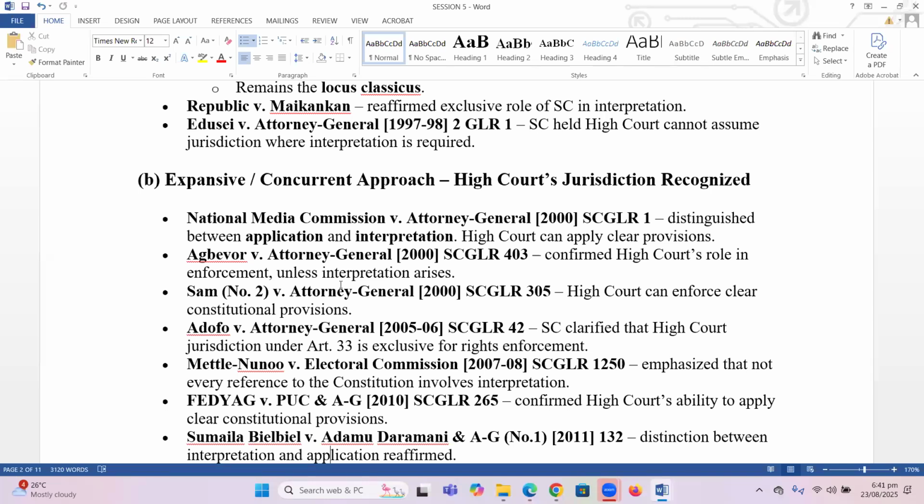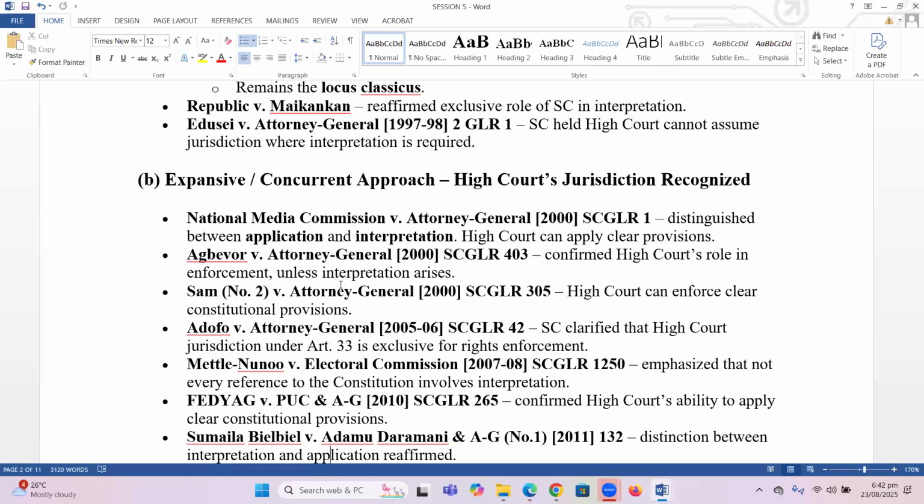So, for example, if you look at the case of the National Media Commission, recently, we have a situation where the Supreme Court gave approval to its earlier jurisprudence in ex parte Akosa that the enforcement jurisdiction of the Supreme Court cannot be invoked except in cases where there is an imprecision or lack of clarity in the constitutional provision sought to be enforced.